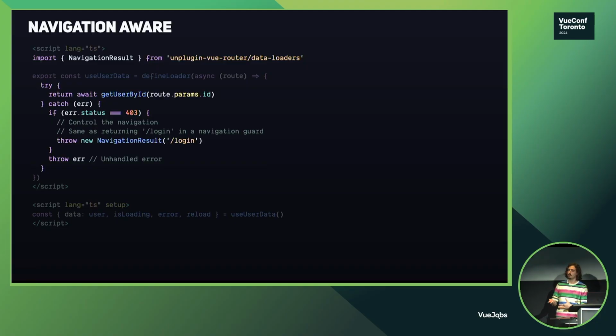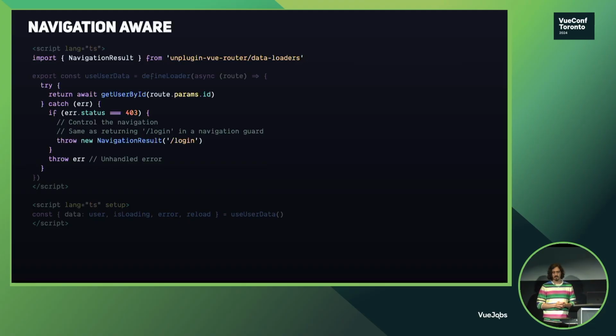We need to wrap it with an object that lets the router, or rather data loaders, know this is a specific kind of object. It's not data. And so the router is going to check for these navigation results in order to control the outcome of the navigation. And now you can either return them or throw them, depending on the priority of the result. Throwing has higher priority. I mean, it simply takes over completely all the results that are returned.